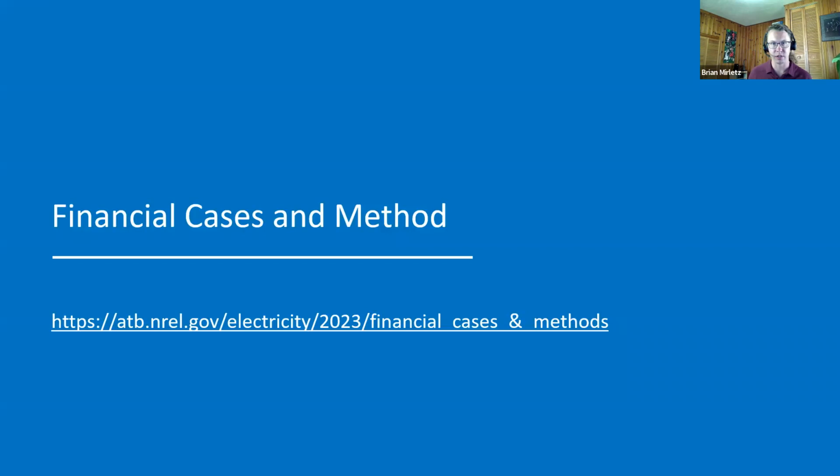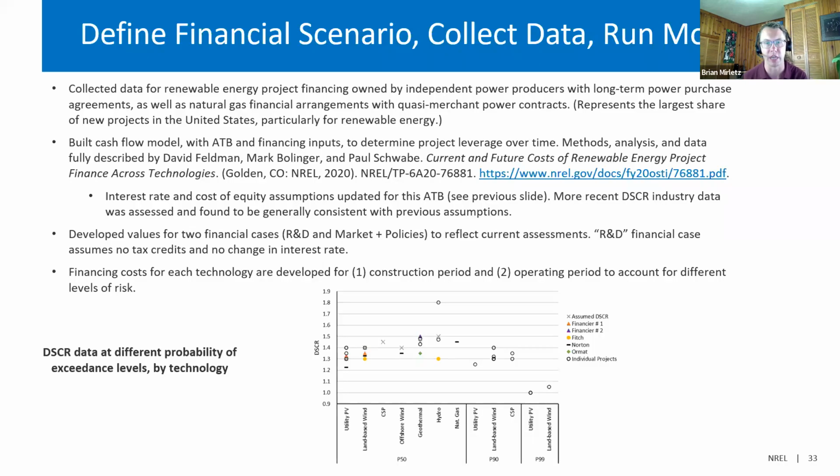I just want to give a little bit more information on the ATB financial cases. A lot of the underpinning for the ATB financial cases and the data we're going to be showing over the next set of demonstrations is this report from David Feldman, Mark Bollinger, and Paul Schwab, current and future costs of renewable energy project finance across technologies.